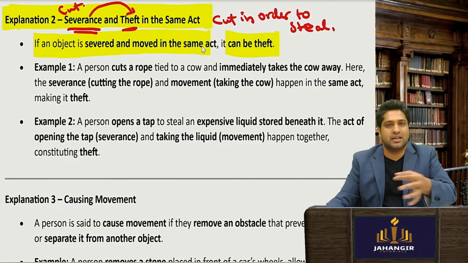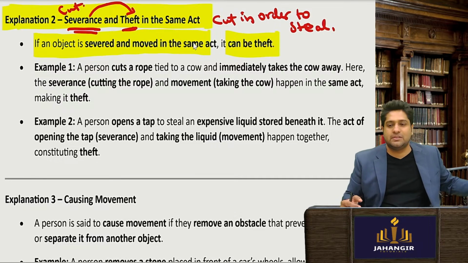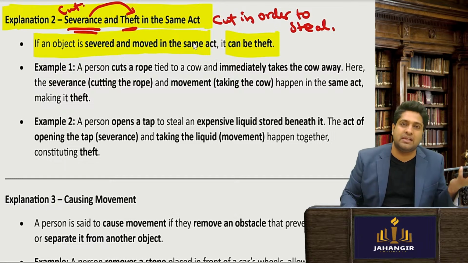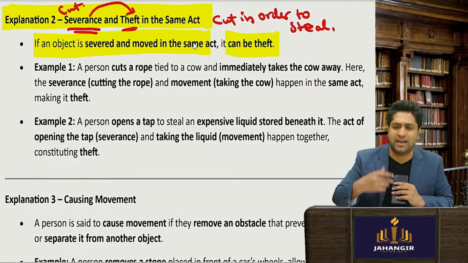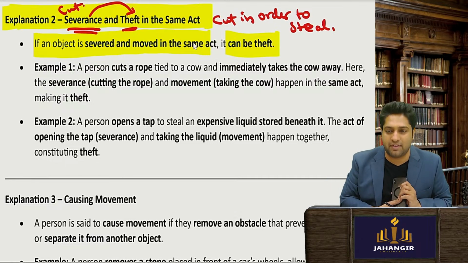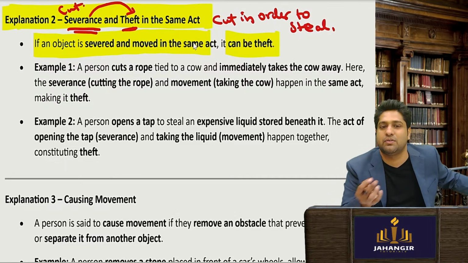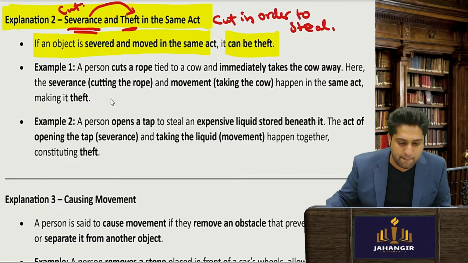So you've cut it and then moved it. Sometimes something needs to be cut and then you take it. So in order to do theft, you have to sever and then steal. It just involves one additional effort, that is cutting.